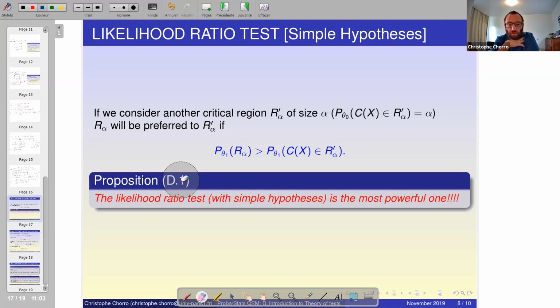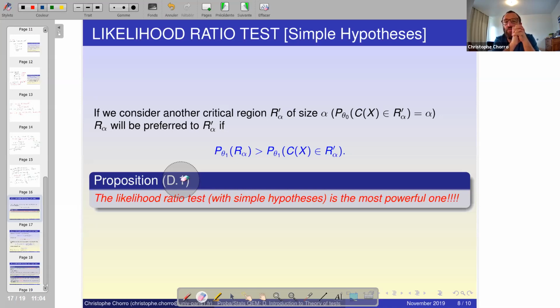If I want to compare two tests, the first thing I have to keep in mind is that I will be able to compare only tests that have the same level. So I fix the type 1 error to be equal for both tests, let's say alpha, 0.05 or 0.01 in general. And if this level or size is fixed, then I want to be able to say if one test is better than another one.